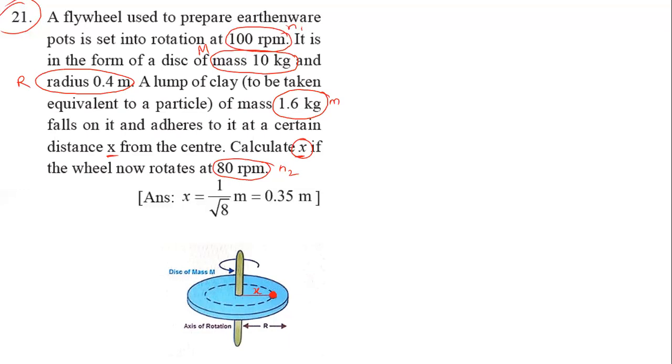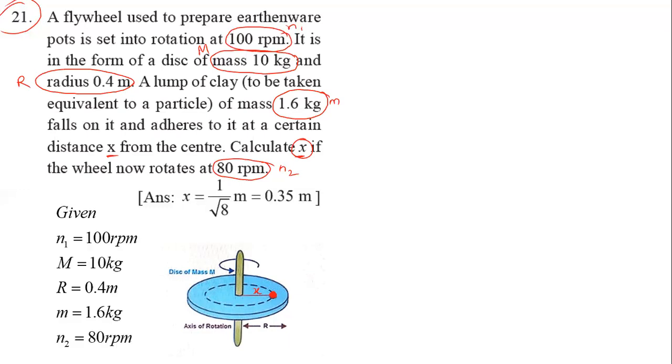Now here angular momentum is conserved, so we can use conservation of angular momentum. So here you can see the given n1 100 rpm, mass of disk 10 kg, radius is 0.4 meter, mass of the lump of clay 1.6 kg. Now the second frequency is 80 rpm.